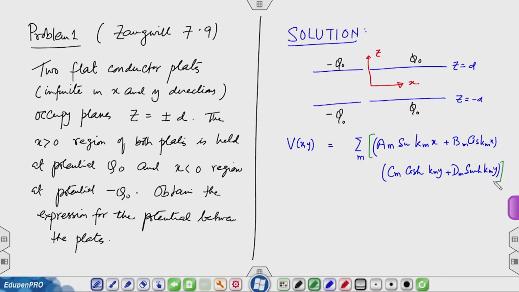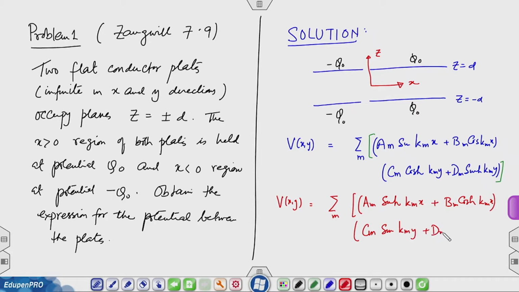The other way could be that I write V x y as summation over m of a m sine hyperbolic k m x plus b m cosine hyperbolic k m x, times c m sine k m y plus d m cosine k m y. Both are valid solutions, and we choose a solution that is appropriate for our problem.